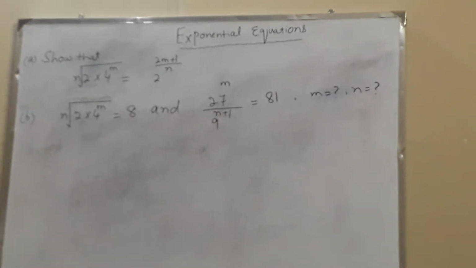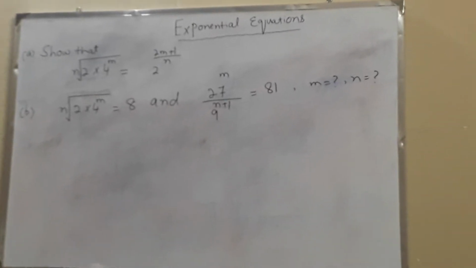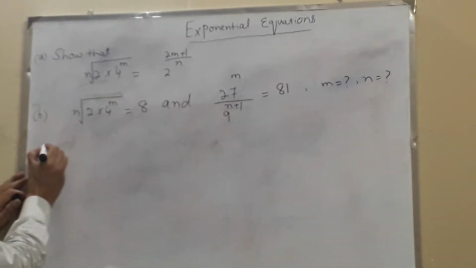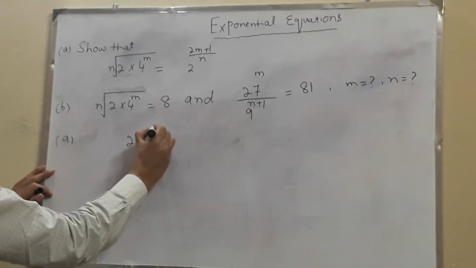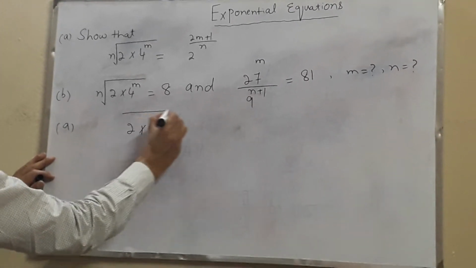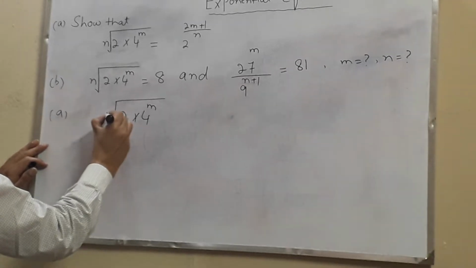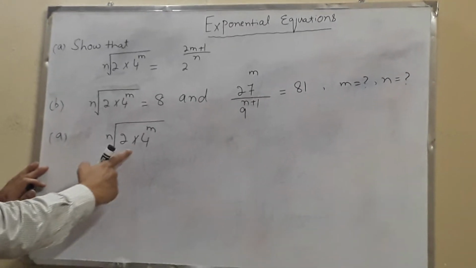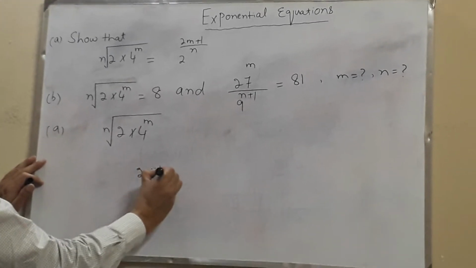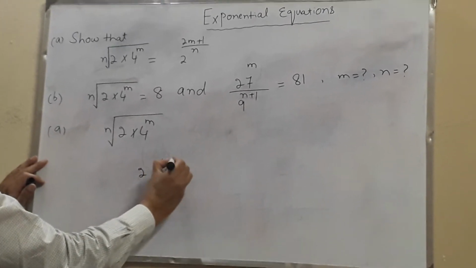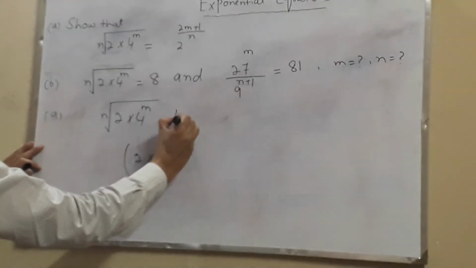Okay, in order to solve part A, let's take the left hand side, which is 2 into 4 raised to the power m and its nth root. This can be expressed in the form 2 multiplied by 4 raised to the power m whole power 1 over n.